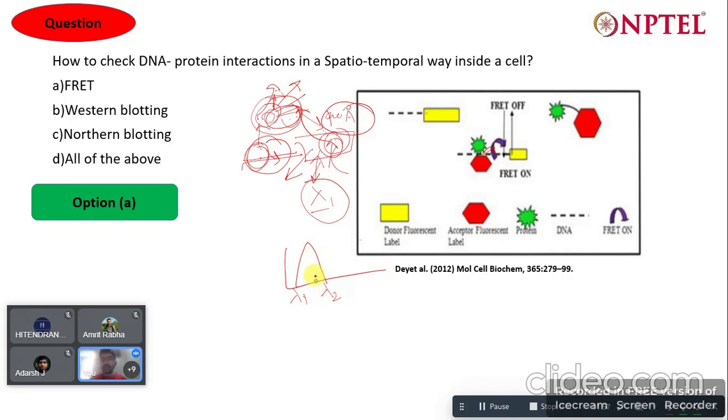And protein B excites at lambda 3 and emits at lambda 4. So the emission wavelength of protein A must coincide or overlap with the excitation wavelength of protein B. Then only can FRET happen. So this is how we study FRET.